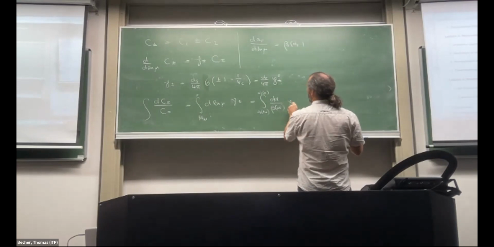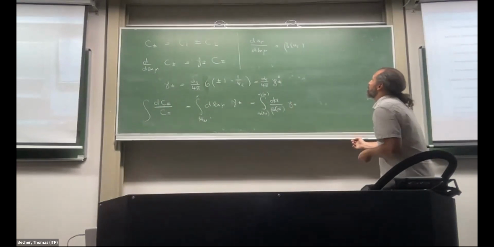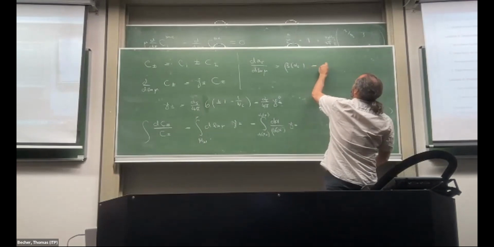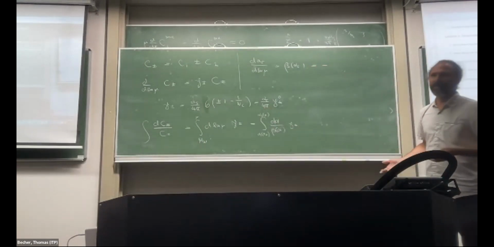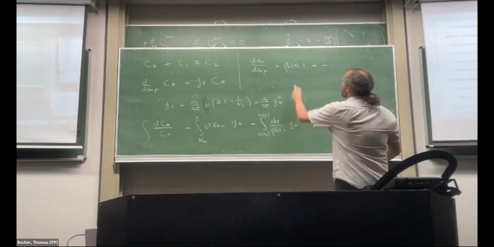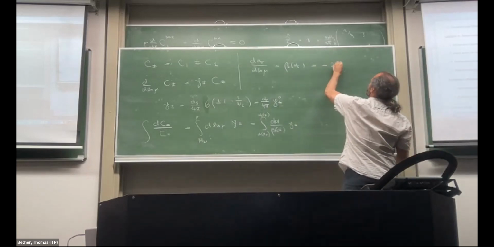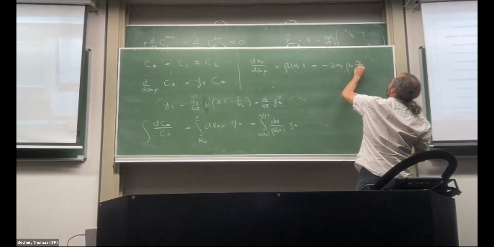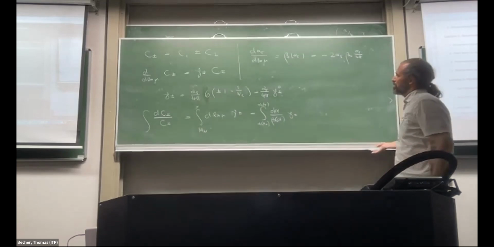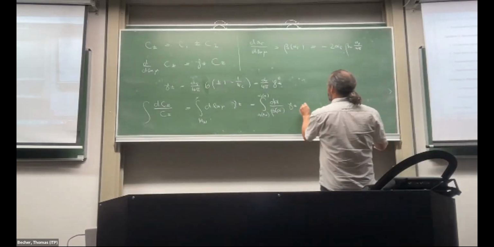Now the gamma plus minus: I've already defined the lowest order coefficient. Since we only have this at one loop order, I can also expand the beta function as minus 2 alpha s beta naught alpha s over pi, and plug it in here.